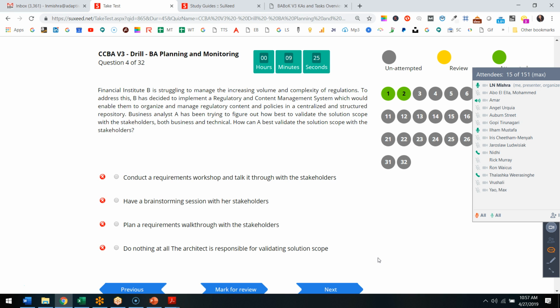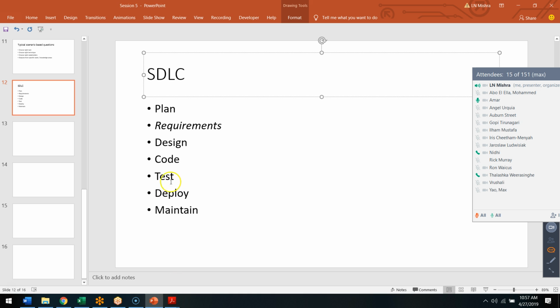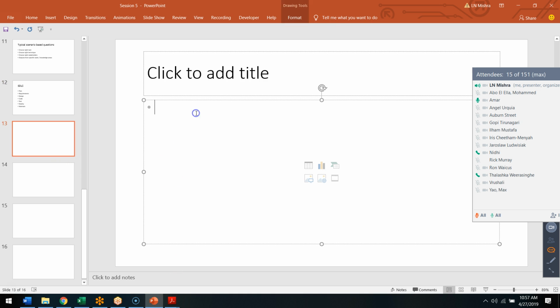Ellen, I have a question here. Yes. Option C is plan a requirements walkthrough, and option A is conduct a requirements workshop. Isn't option C the planning only, and conducting the workshop is separate? See, obviously, if you're planning something, you will do it. It's not that you will not conduct it. Remember, I trust this is something either Laura or somebody would have talked to you.